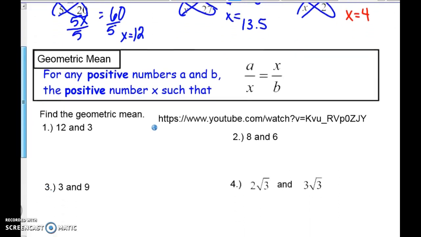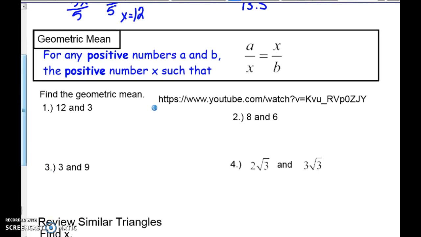So a geometric mean, it says for any positive numbers a and b, such that the positive number x, such that, right here, this is like what we just did. We're finding the geometric mean. The geometric mean has to do with the similar triangles. Anytime they ask for the geometric mean and they give you 2 numbers, you set it up as 12 over x and x over 3.